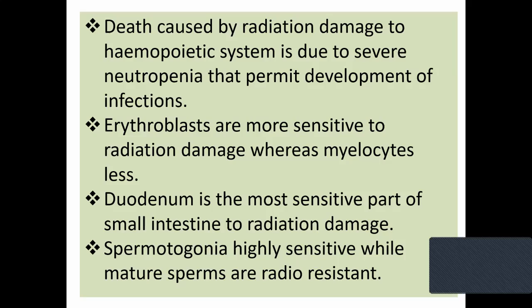Then among the different stages of spermatozoa formation, spermatogonia are highly sensitive to radiation damage, whereas mature sperm are radioresistant. So these are the body tissues at different stages which are more susceptible to radiation damage.